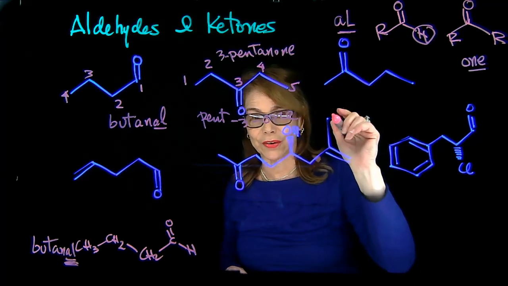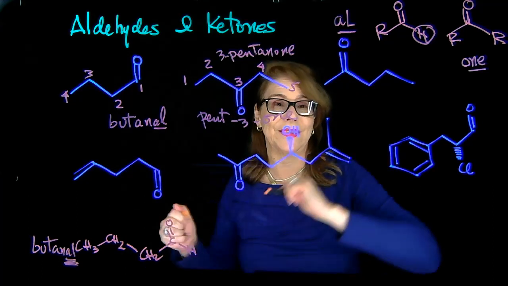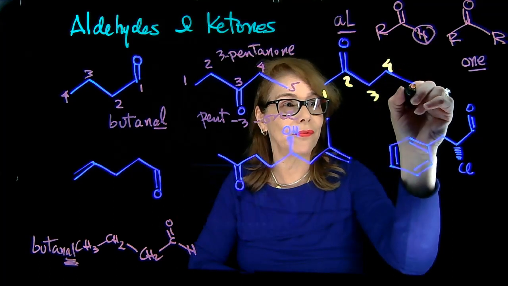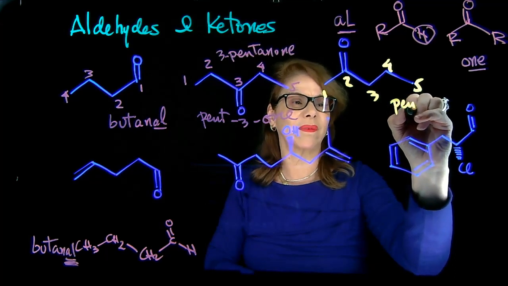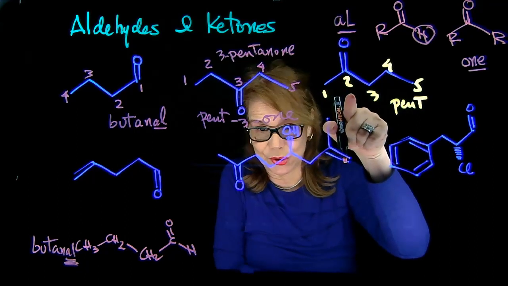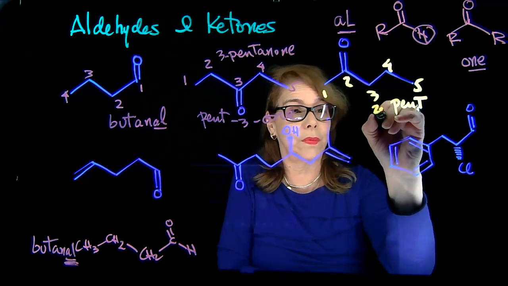Now here's another ketone. In this case, I have, let's see, 1, 2, 3, 4, and 5. So same prefix, so it's pent. But now the functional group is on carbon 2. So you can say 2-pentanone.